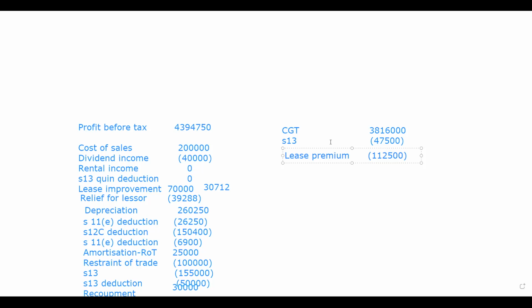And what did I say? Let's go back to trading stock. Normally, when you buy trading stock this year, you are going to claim a trading stock deduction, the entire amount that you purchased it with. Then at the end of the year, you are going to add back the closing stock, right? However, remember, your closing stock will be based on the stock that you have on your premises, and stock held by the supplier is not on your premises.